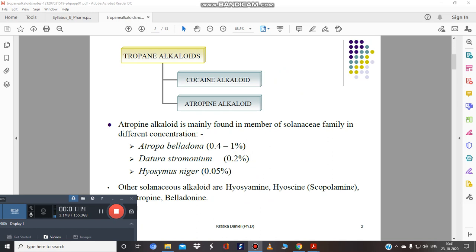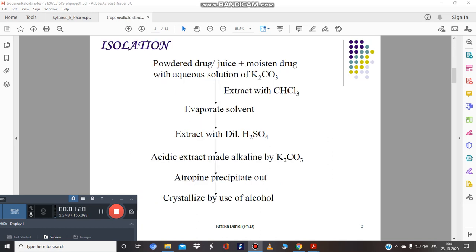If we talk about the isolation part, first of all we will take a powder drug of any of the 3, because the alkaloidal content or the atropine content also varies among these 3 drugs. The powder drug was taken and moistened with an aqueous solution of K2CO3, that is potassium carbonate.